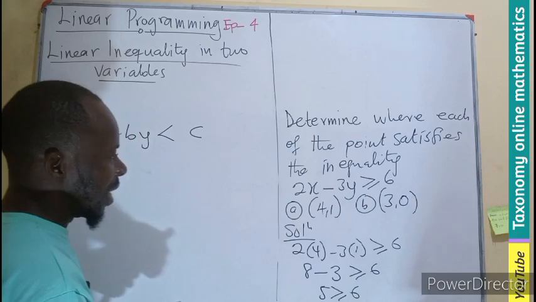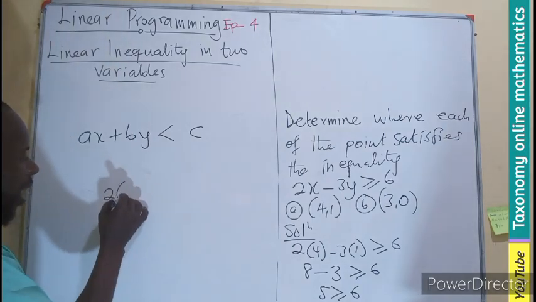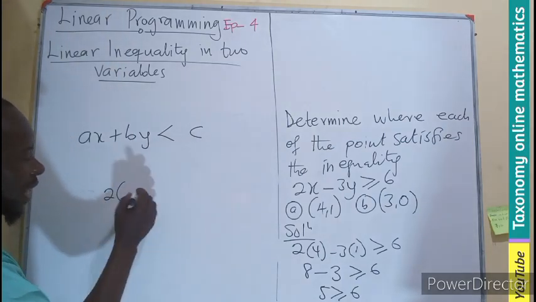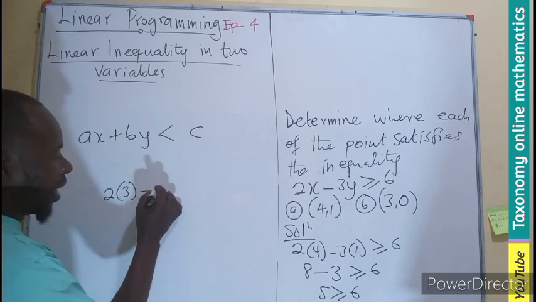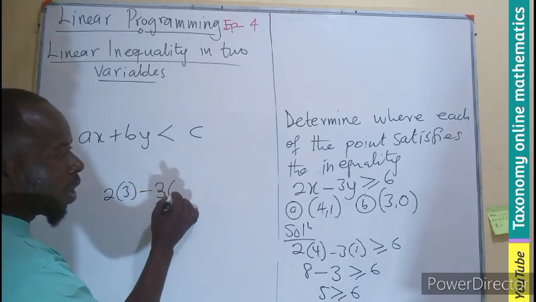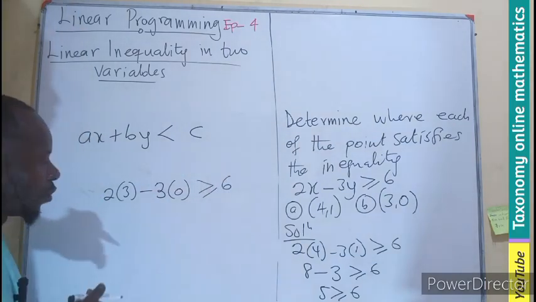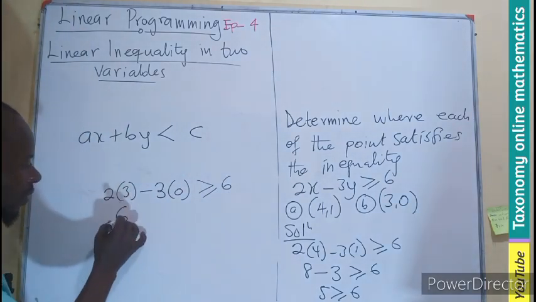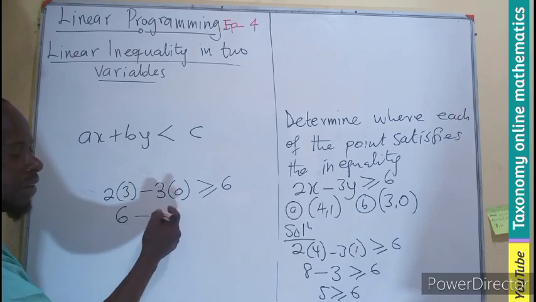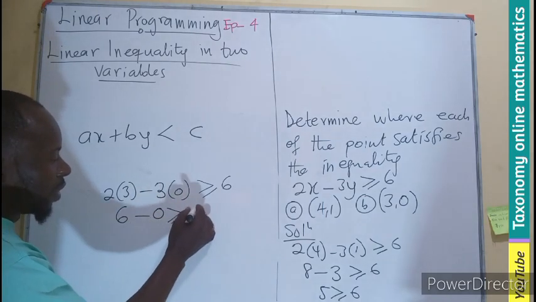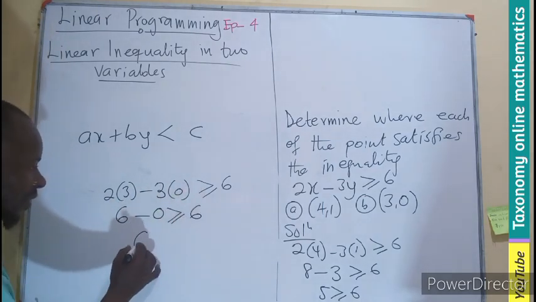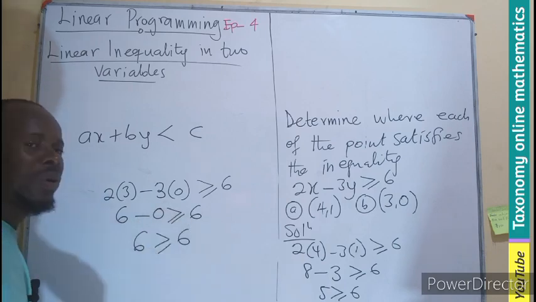Then let's try the next one, which will be 2 times x, which is 3, minus 3 times y, which is 0, should be greater than or equal to 6. We know 3 times 2 is 6, minus 3 times 0 is 0, greater than or equal to 6. So I can have 6 greater than or equal to 6.